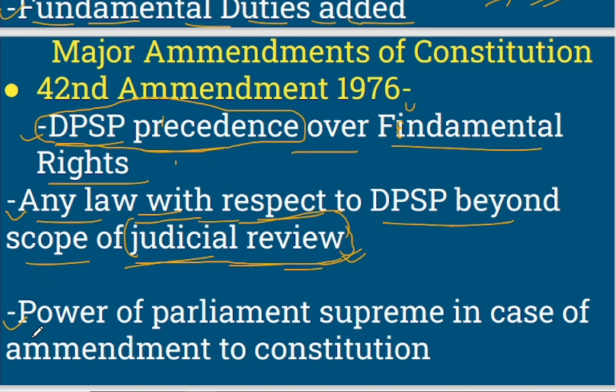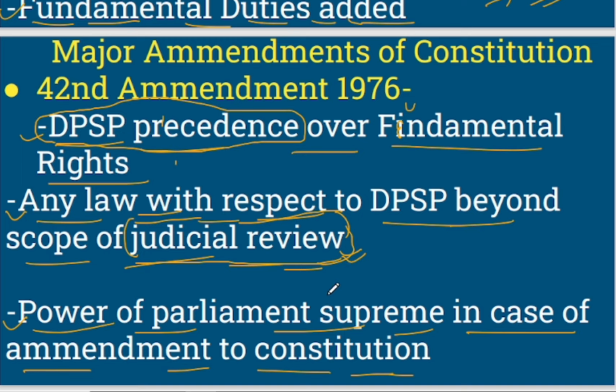Then this amendment act also made the power of parliament supreme in case of amendment to the constitution. So here also we see that this act is trying to reduce the power of the judiciary.